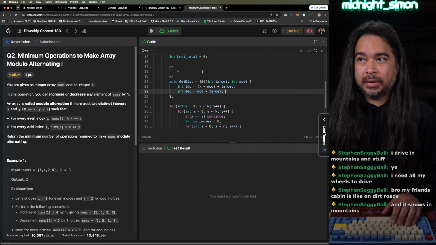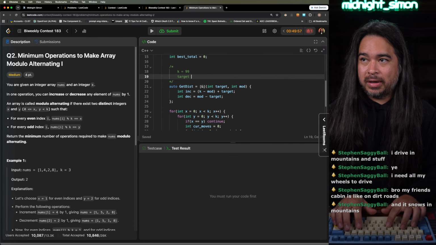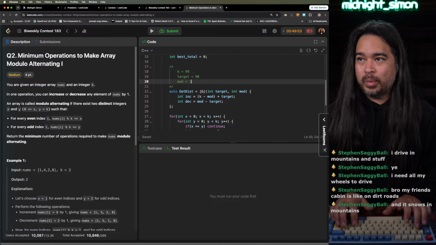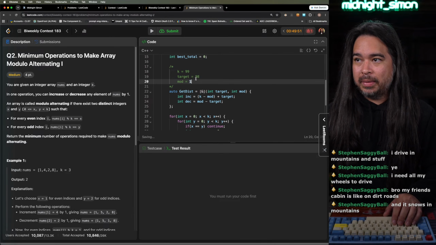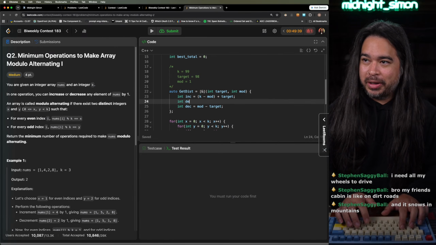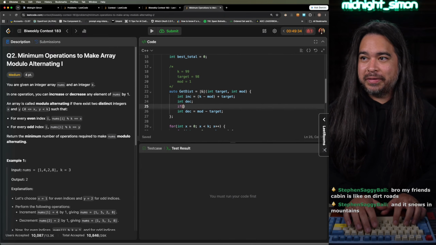Like, if K is something, target is, I don't know, 98, and our mod is 1, then it would be 1 plus... I don't know how to do this part nicely, man. I'm gonna do some bootleg stuff.